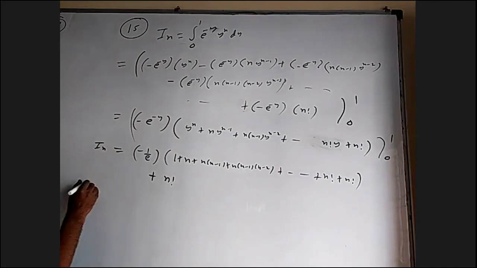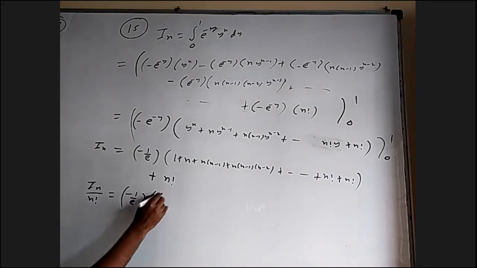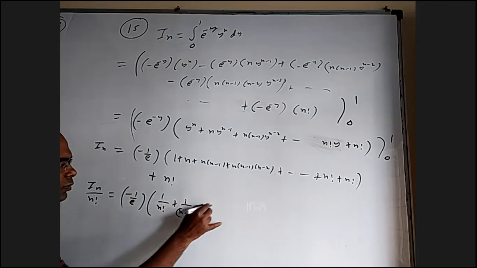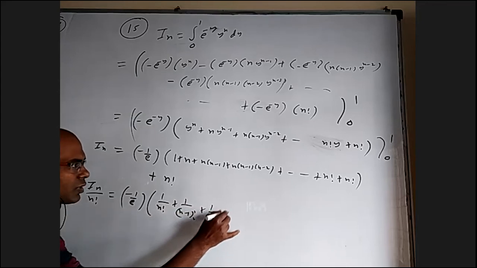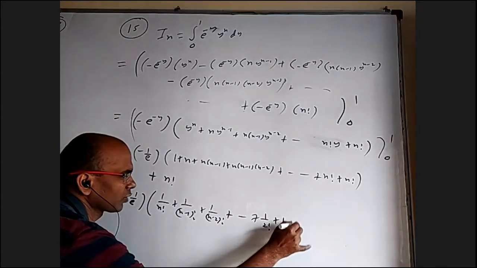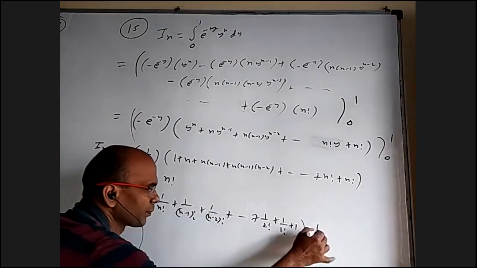So somebody still want to write In by n factorial in a nice way, it is minus 1 by e into 1 by n factorial, 1 by n minus 1 factorial, 1 by n minus 2 factorial, 1 by 2 factorial, 1 by 1 factorial plus 1 plus another one.